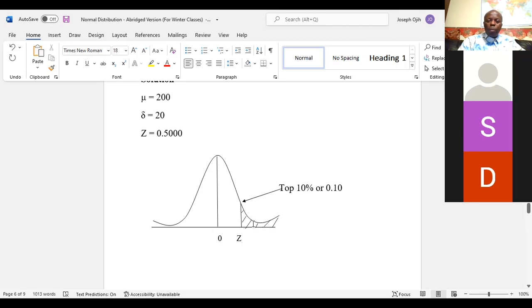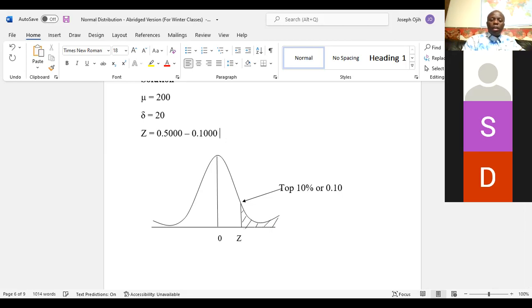So if you're looking for only this small portion, you subtract whatever answer you get from the table of distribution from 0.5 to get only this portion. But they give us the answer already as 10%, so 0.10.